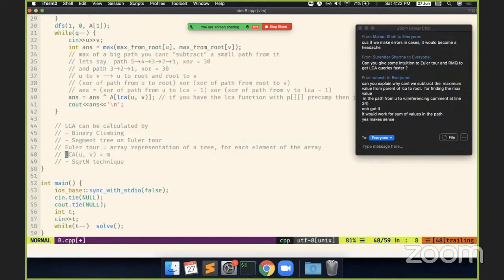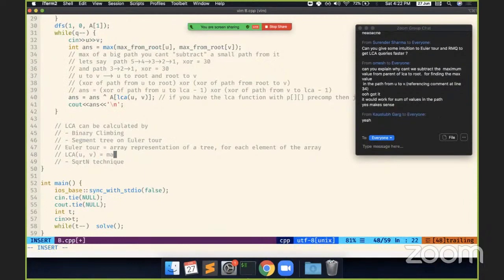So yeah, in the LCA, u comma v basically becomes the min height of a node in the subarray from u to v. By subarray from u to v, I mean the subarray starting at node u and ending at node v.